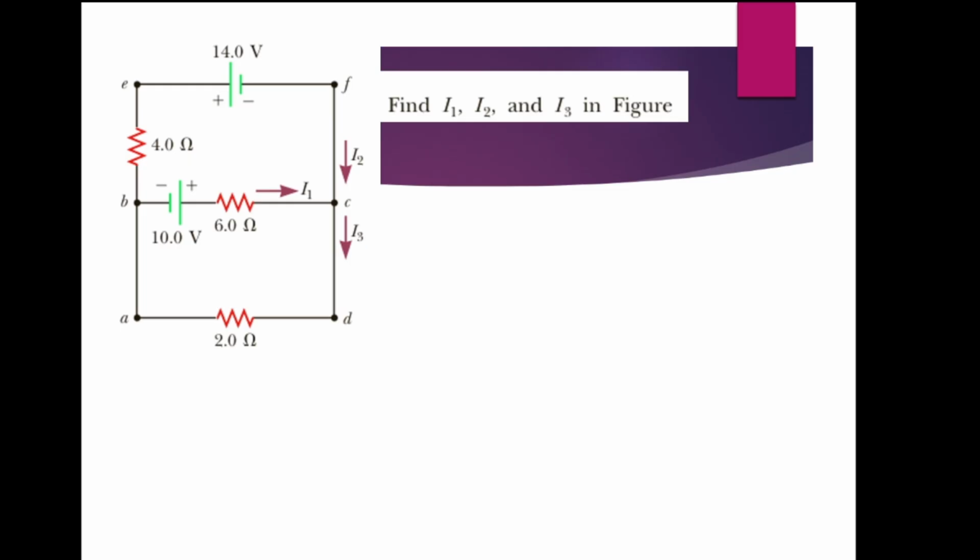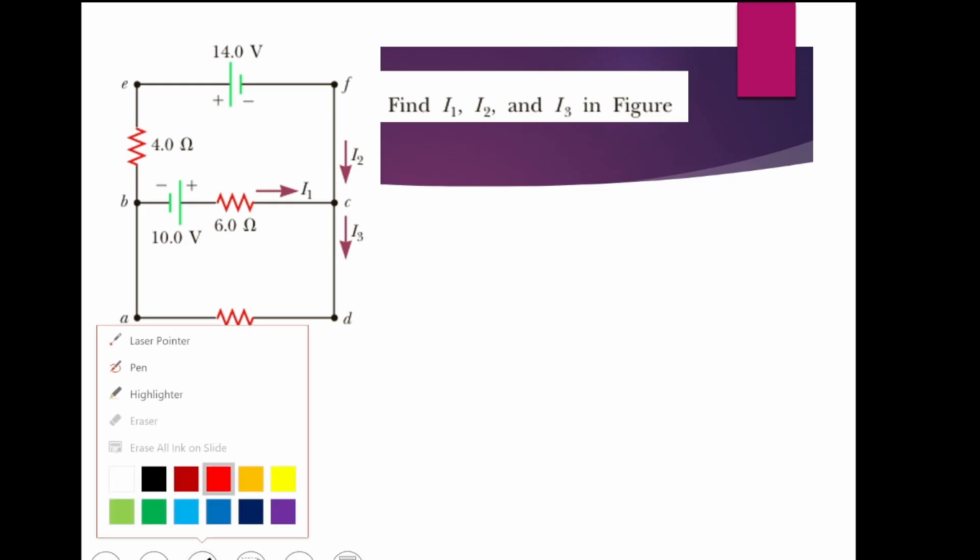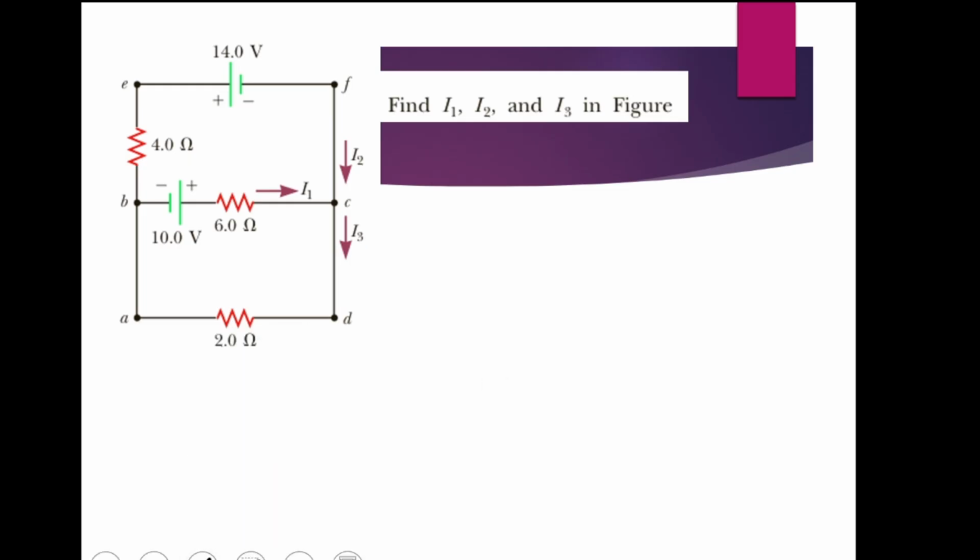Feel free to pause the video and try it by yourself first. Okay, so the question says find the currents I1, I2, and I3 from this figure. To solve this problem, we have to use Kirchhoff's rules, because we cannot use series and parallel circuit analysis directly.